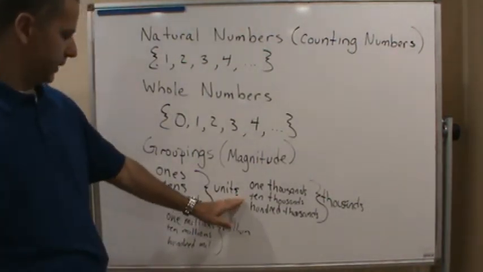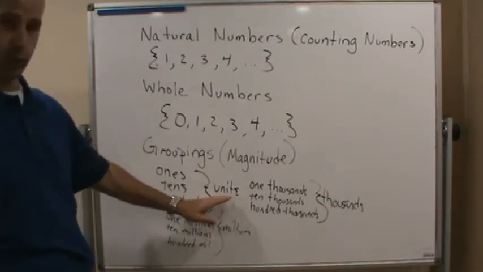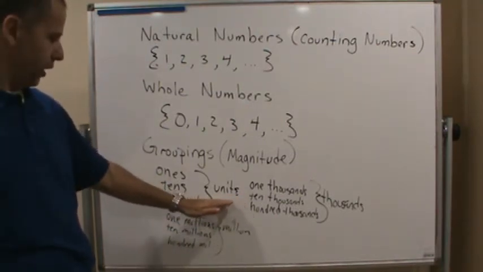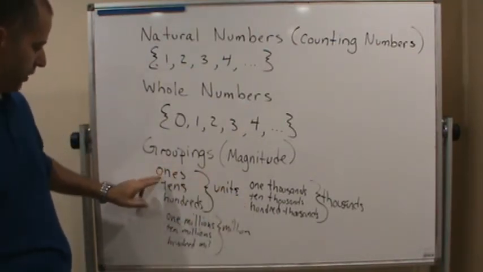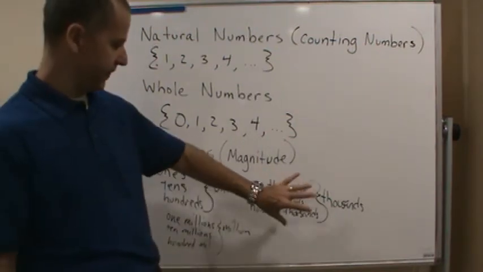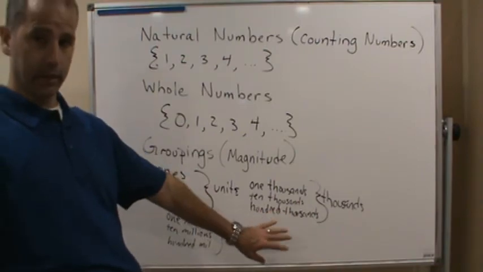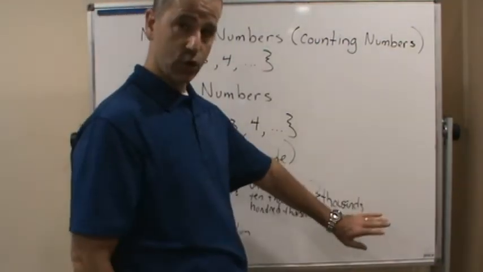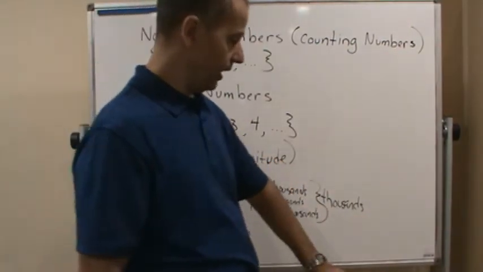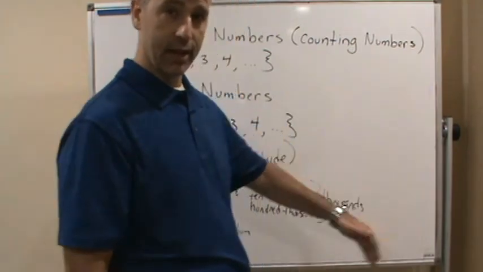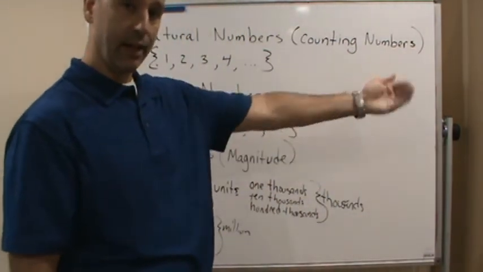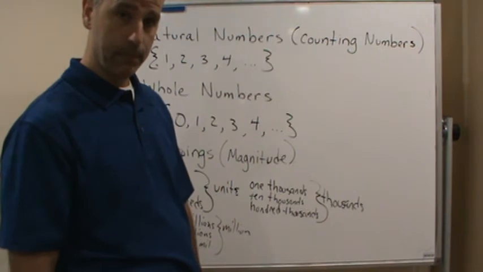Now again, typically a lot of people don't even realize that we call these units, because we just do ones, tens, hundreds, and then it's thousands, millions. What's after millions? Billions, and then trillions, and then quadrillions, right? And it's by every 3 place values.